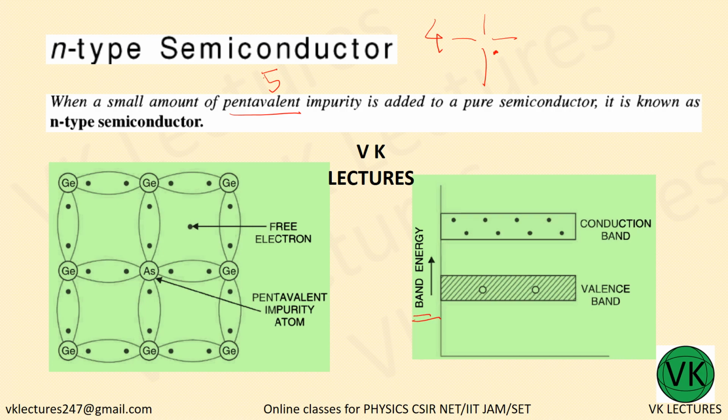So on the valence band you have electrons which are covalently bonded, but due to the impurity, that one extra electron will go to the conduction band. This is about n-type semiconductor.